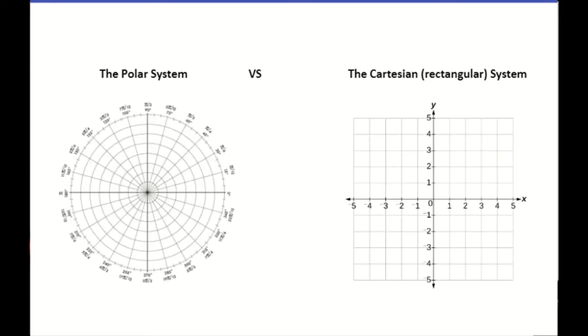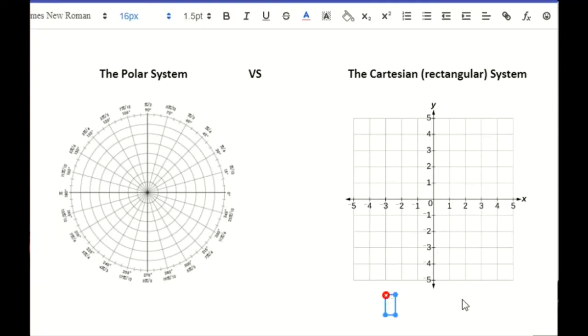So let's look at the differences here between the polar system and the Cartesian system. You are more familiar with the Cartesian coordinate system. And on the Cartesian coordinate system, you use x and y to name points. On the polar system, you are going to use different variables.